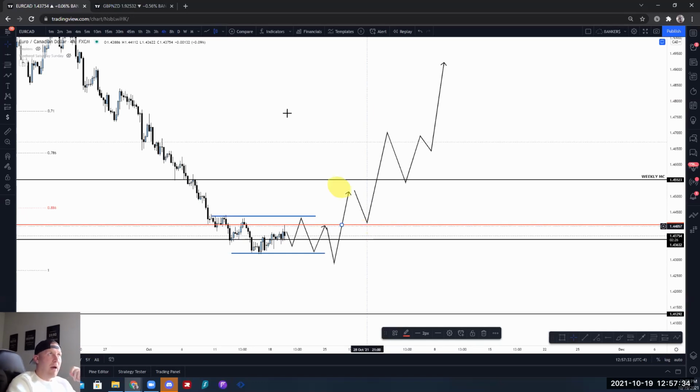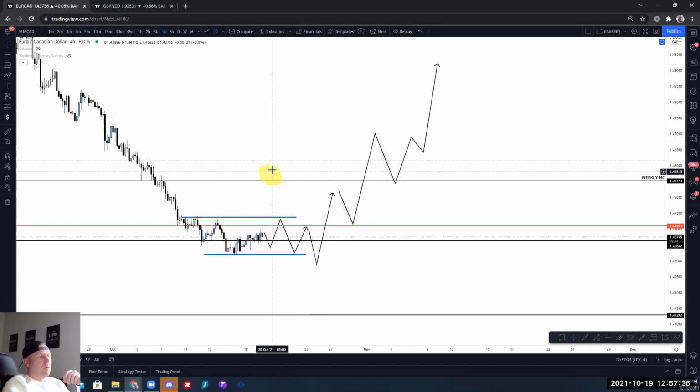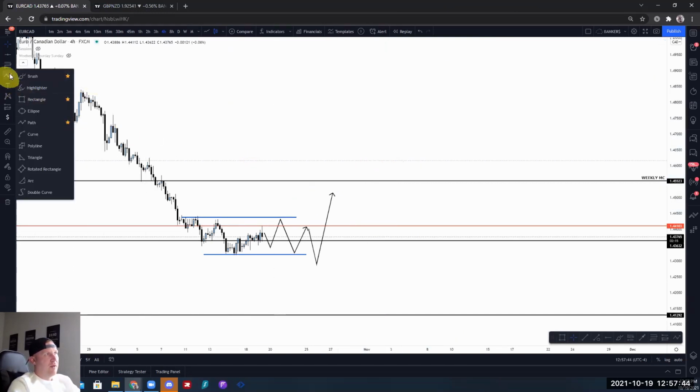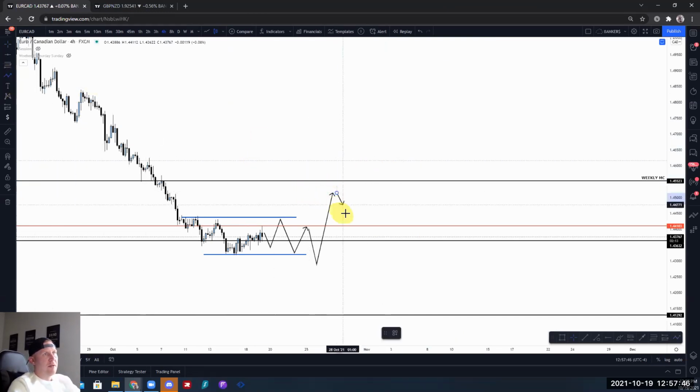Imbalance, right? So let me just show you what I mean. Let's say we get this low here, and price starts pushing up, maybe something like that, this could easily just make a run on this low, right?